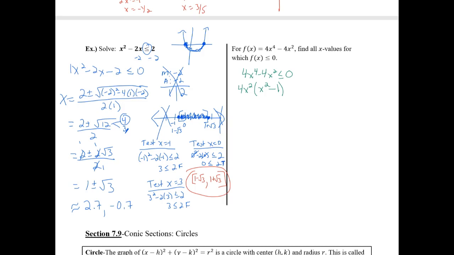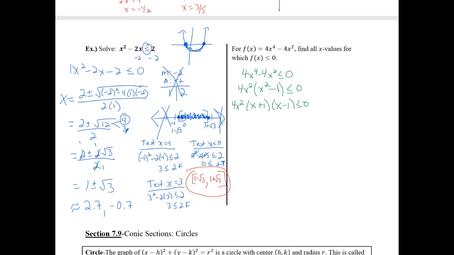And negative 4x squared divided by 4x squared is negative 1. Now I'm not done factoring. When I have two terms, I have to look for sums and differences of cubes or differences of squares. So this is a difference of squares, and I need to keep factoring. It'll factor into conjugates, so x plus 1 and x minus 1.